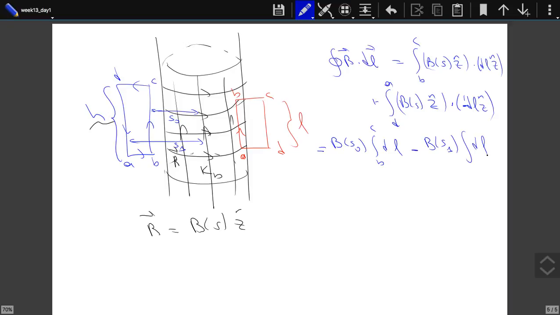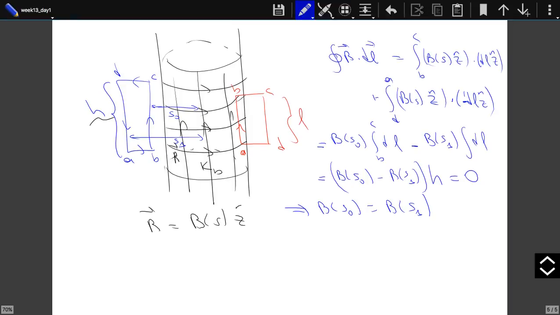Well, the dl integrals in both of them just give us h. Times h. This should be equal to 0 because there is no current passing through my loop. And this basically tells me that Bs0 should be equal to Bs1. And this tells me that outside, the magnetic field, if there is any, should be constant.